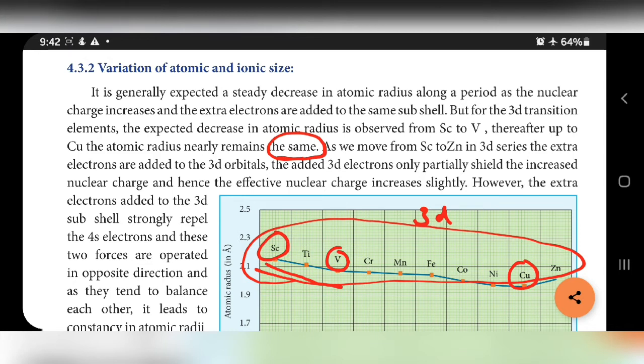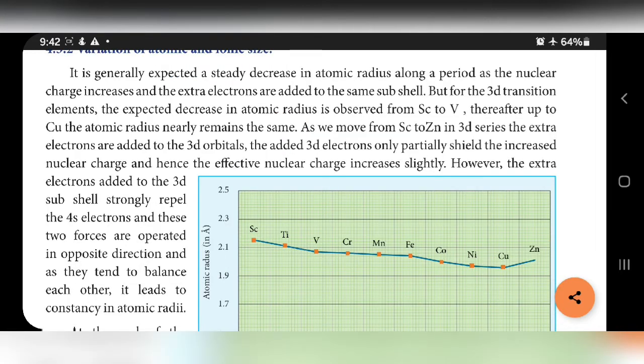So extra electrons added to the 3d subshell strongly repel the 4s electron, and these two forces operate in opposite directions and tend to balance each other. It leads to the constancy of atomic radii.